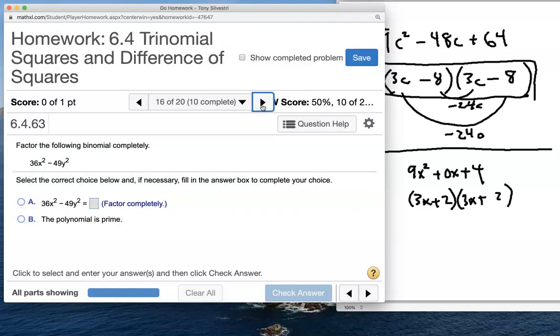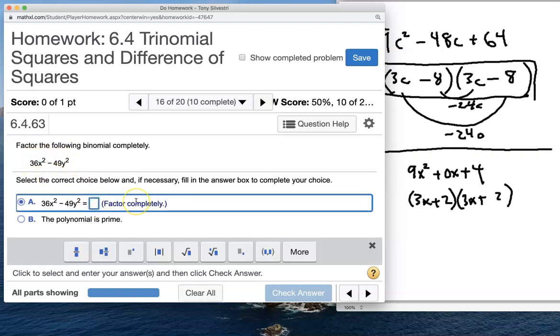I'm going to do this one. Is this a difference of two squares? 2 squares means 2 terms, with a minus in between, a difference, and this thing here is a difference, and this guy here is a square. 6x is being squared. 7y is being squared.